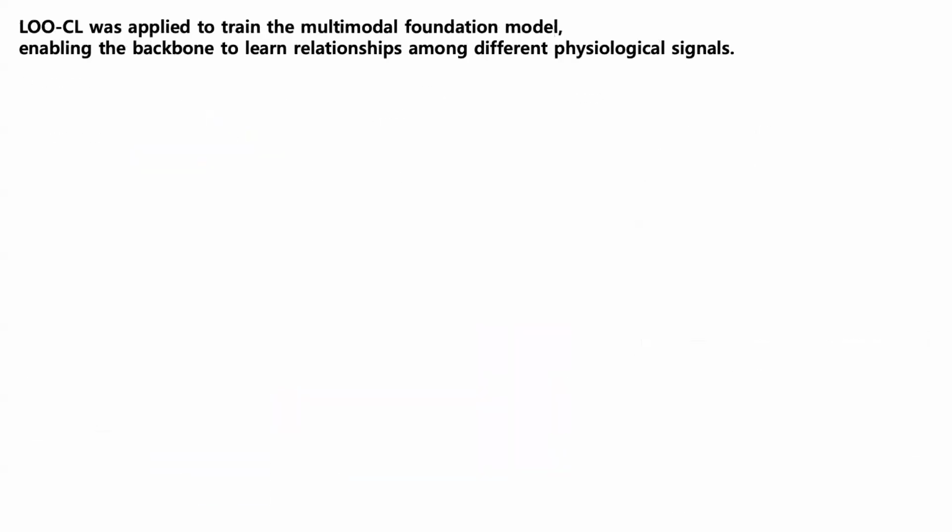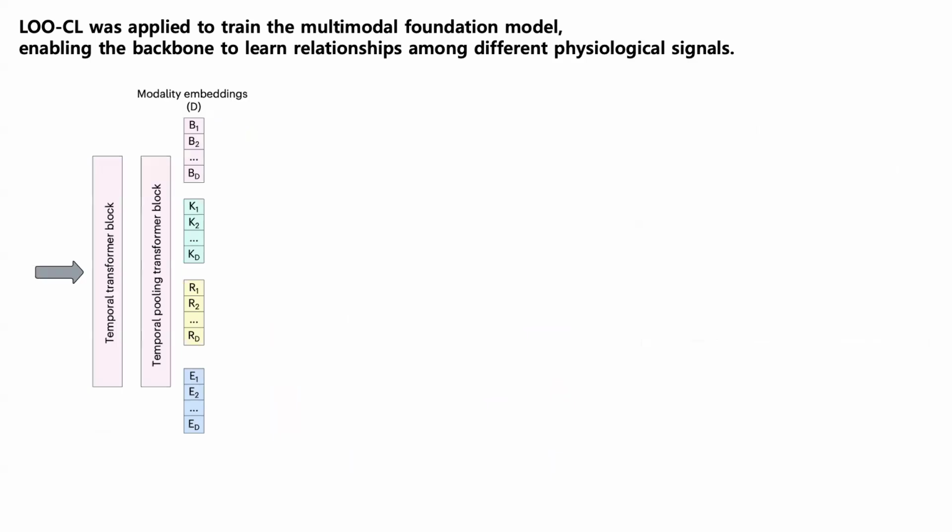And then they proposed LOO contrastive learning, applied to train a multimodal foundation model, enabling the backbone model to learn and represent relationships among different physiological signals. When they go through the transformer block, the multi-modality embeddings come out.